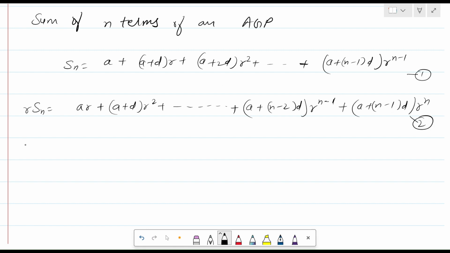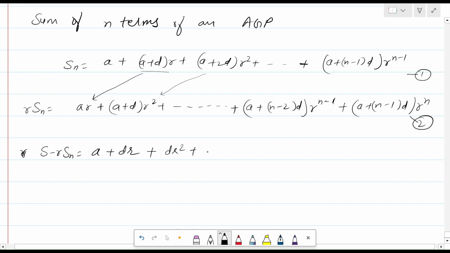So Sn minus r Sn will be, so a is the same, if I am subtracting this term minus this term, then what will it be? dr. This term minus this term, dr square, plus and so on.